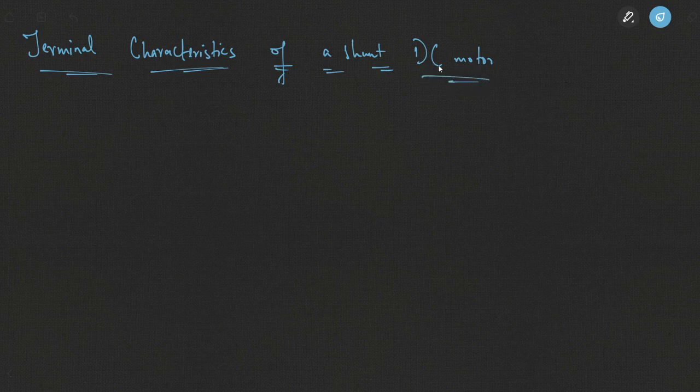So what are the terminal characteristics? Terminal, as the name itself implies, means the output of the machine. So whatever output quantities the machine has, we will be plotting them against each other. That basically represents the terminal characteristics of any machine.